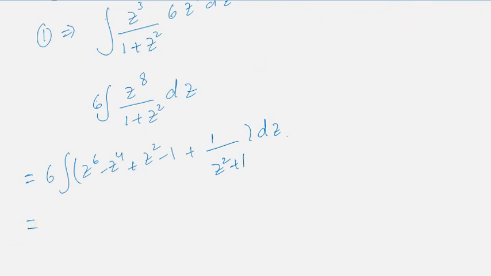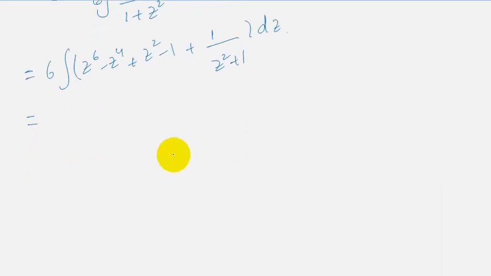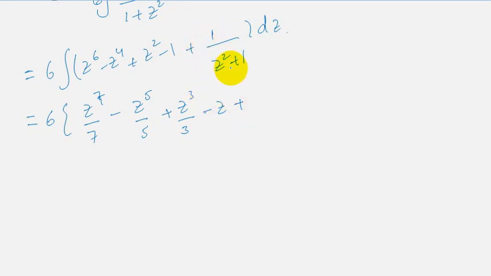Now we evaluate this integral. Now it becomes 6 times: integration of z^6 is z^7 upon 7, minus integration of z^4 which is z^5 upon 5, plus integration of z^2 which is z^3 upon 3, integration of minus 1 is minus z, plus integration of 1 upon z^2 plus 1 is tan inverse of z.